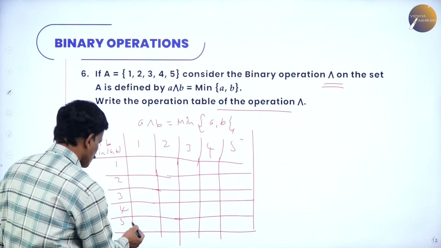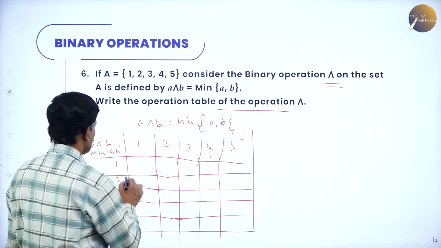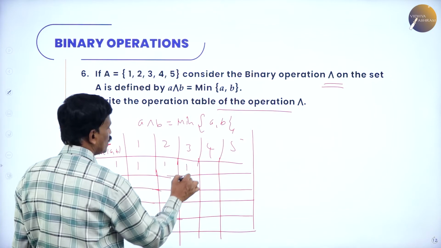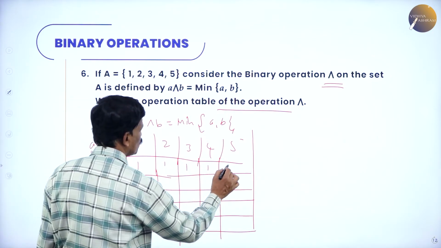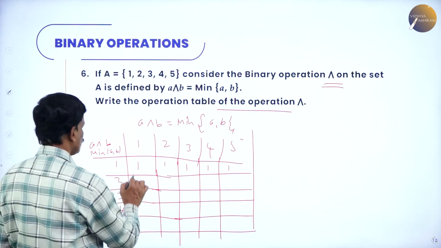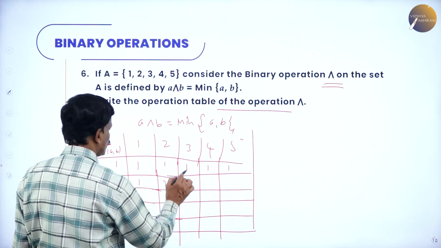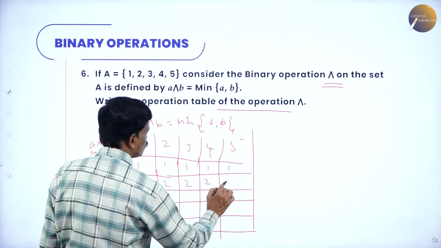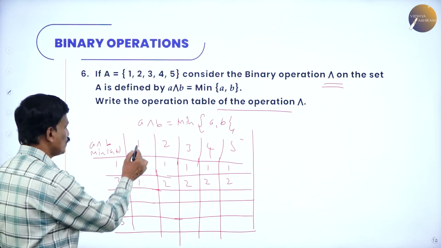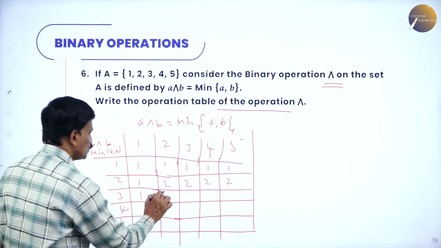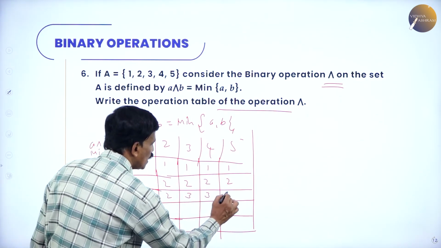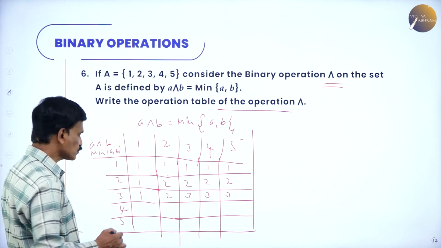Now, write the minimum of a and b. Minimum of 1 and 1 is 1, 1 and 2 is 1, 1 and 3 is 1, 1 and 4 is 1, 1 and 5 is also 1. 2 and 1 is 1, 2 and 2 is 2, 2 and 3 is 2, 2 and 4 is 2, 2 and 5 is also 2. Minimum of 3 and 1 is 1, 3 and 2 is 2, 3 and 3 is 3, 3 and 4 is 3, and 3 and 5 is 3.